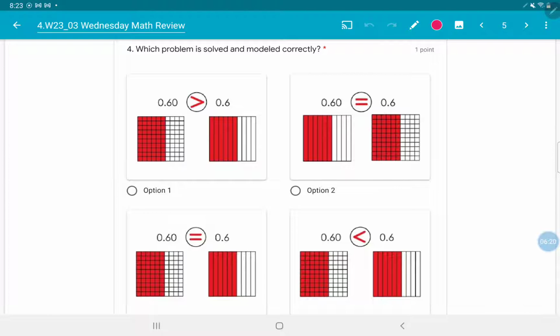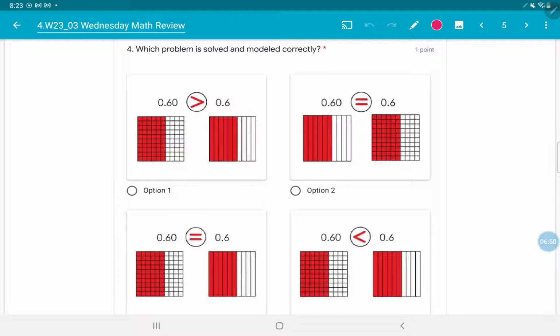So I need to look and see if I have 60 of the 100 squares colored in. There's 10, 20, 30, 40, 50, 60. So that's correct. Okay, what do I have here? What's this decimal? 6 tenths.